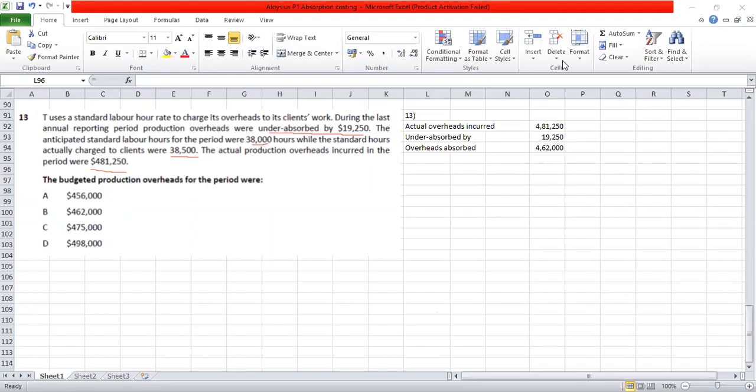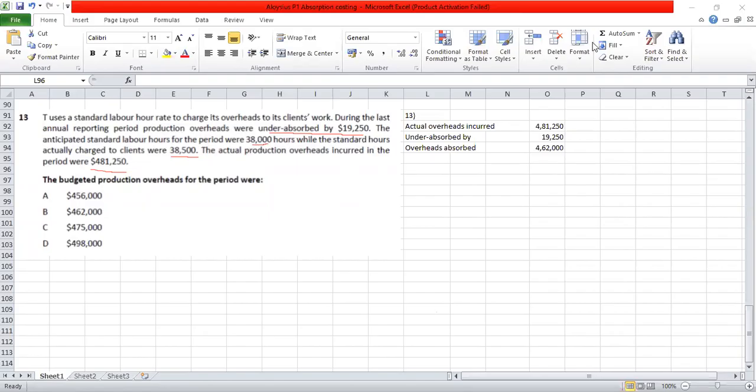The actual production overheads incurred in the period were 481,250. This 462,000 would be calculated based on the number of hours into rate per hour. Whatever is the rate per hour into the number of hours is the overhead absorbed.